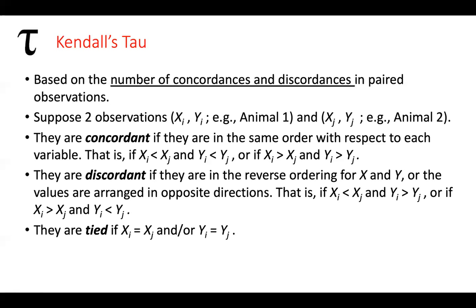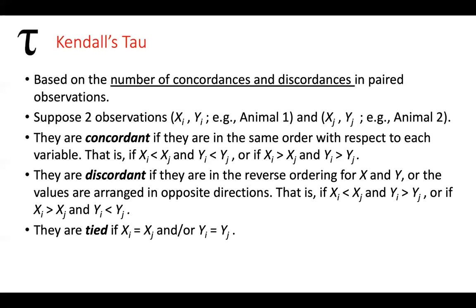The idea is that if the two variables are closely related, then we will have more concordant than discordant observations, so the pairs will be much more likely to be concordant. In the case of a perfect relationship, all pairs will be concordant. So if one animal eats more, it will also always jump higher, and the other way around.